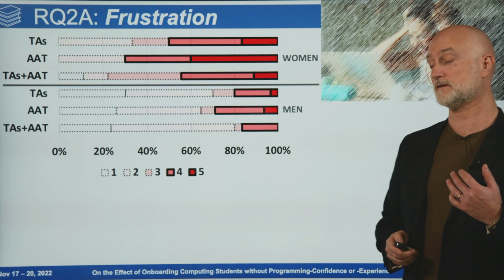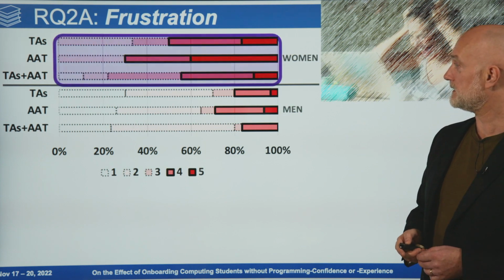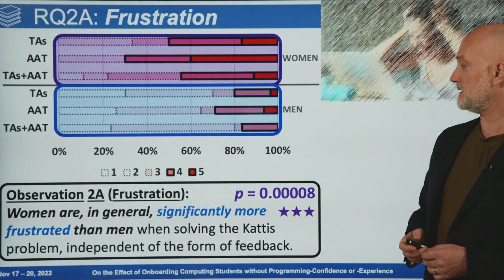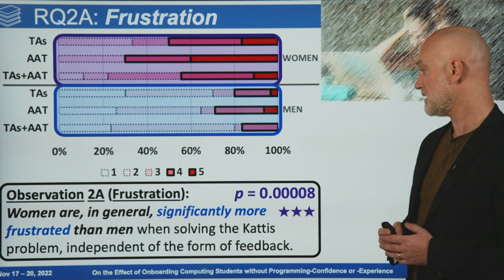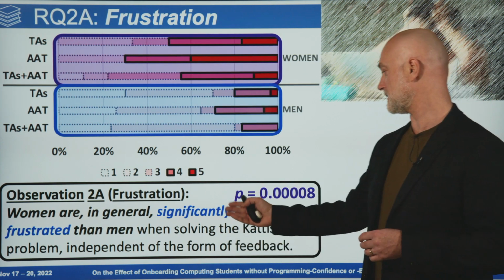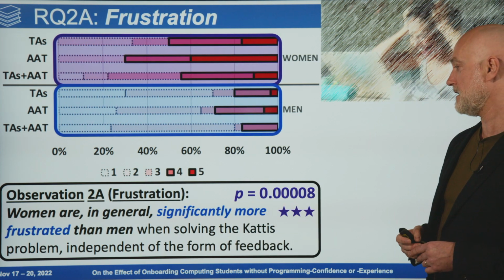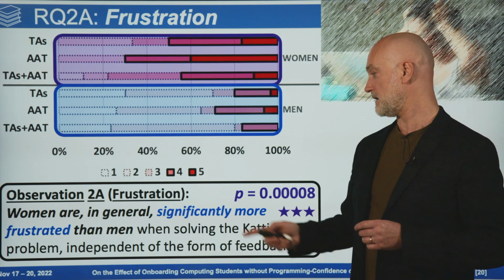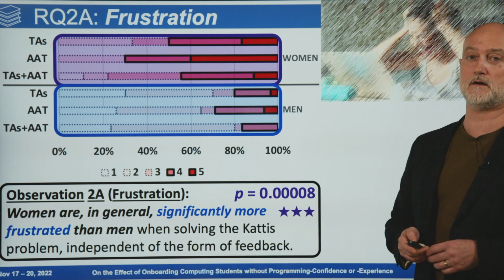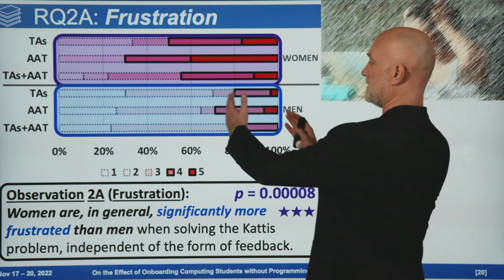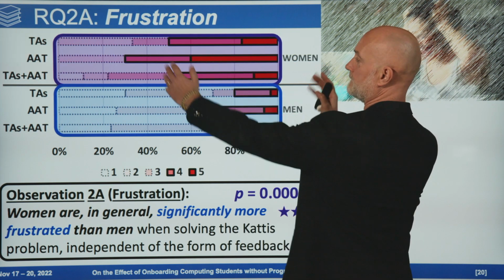If we look at the results for the men, and compare these two, we immediately see that there is a gender signal here. So women are in general significantly more frustrated than men when solving the CATAS problem, independent of the form of feedback. So the results are simply that women are more frustrated up here.